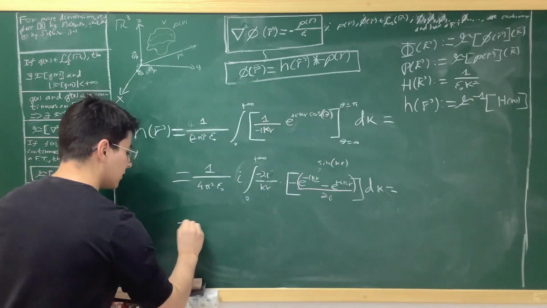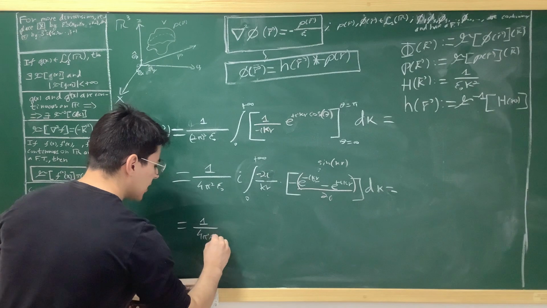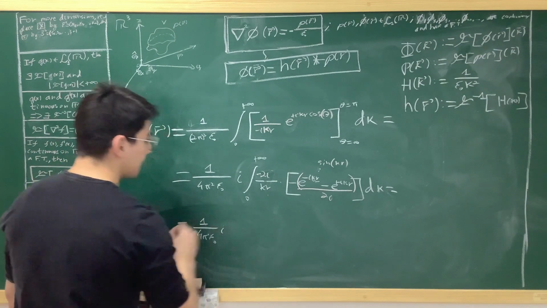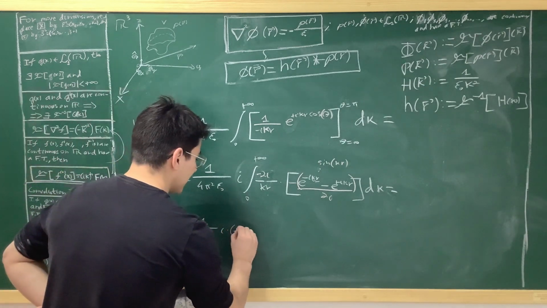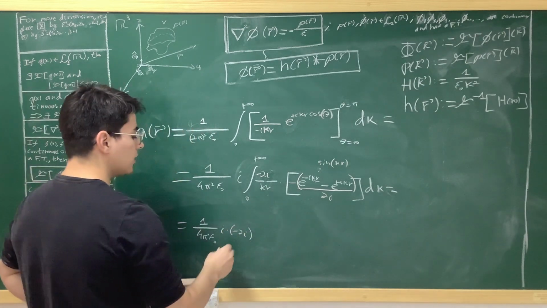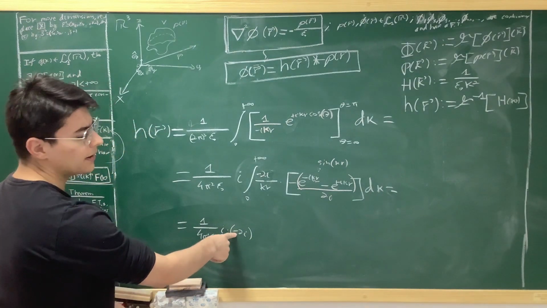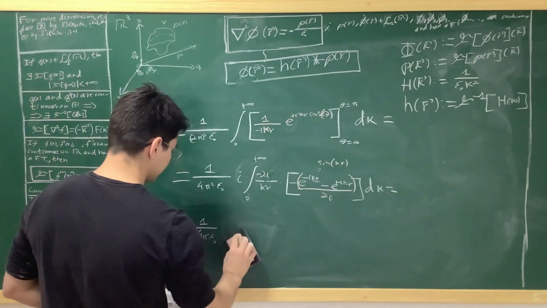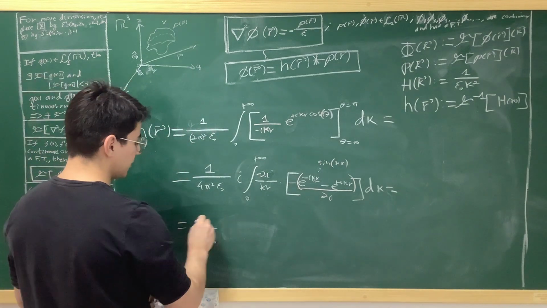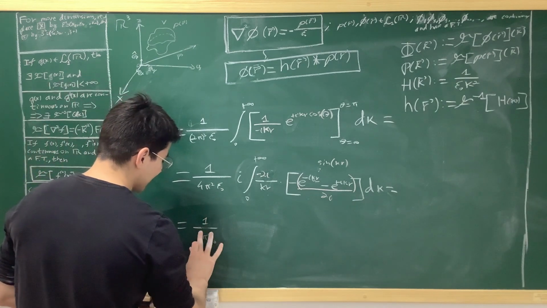So, this is just 1 over 4 pi squared epsilon naught times minus 2i, of course it comes out of the integral, just i times i, i squared is minus 1, this minus goes with this minus sign, and this is just 2, so this 2 goes up here, 2 over 4 is just 1, sorry, 2 over 4 is just 1/2.